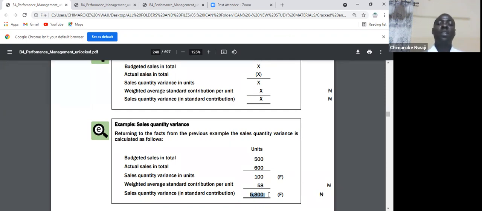You take the budgeted quantity, you bring your actual quantity, you subtract, you have the favorable or adverse, then you look at the average standard contribution value, and get your variance. So this is the contribution that varied from the standard.